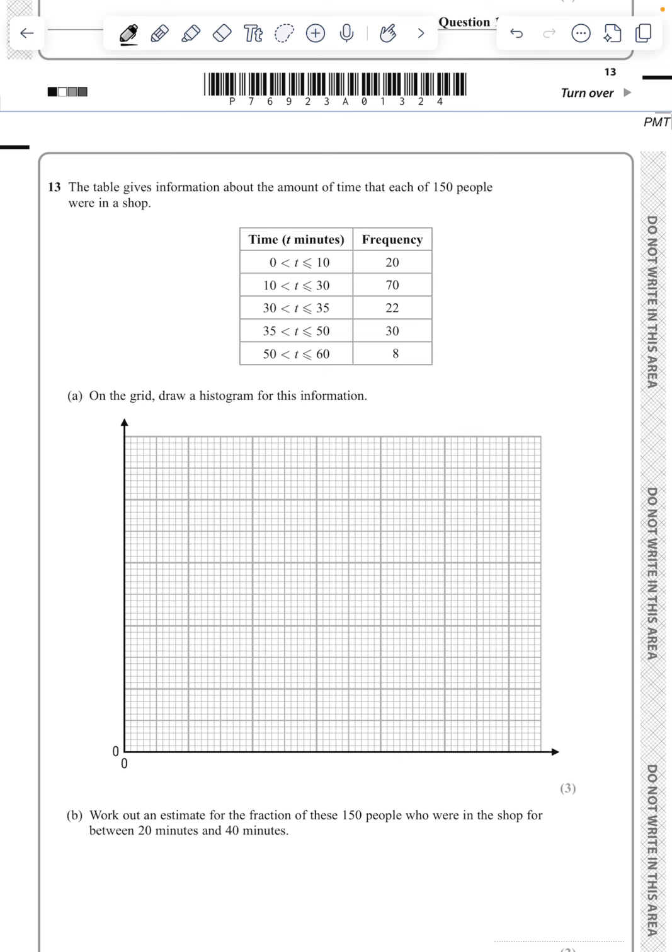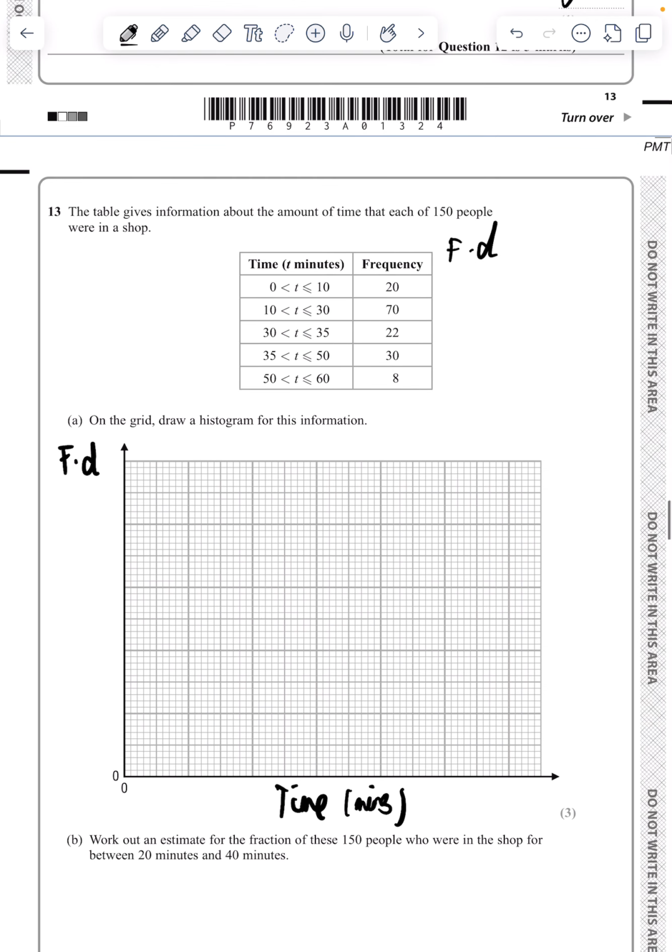Class width, you can see frequency densities on the side. Frequency density is just frequency divided by class width, so I'm just going to divide them straight away.